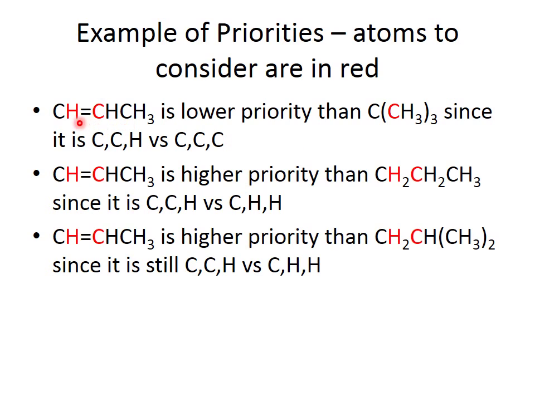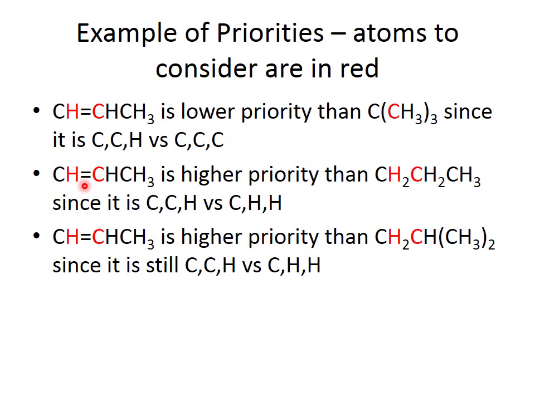If I look at these, I will see the atoms to consider for priority. Let's look. Carbon, carbon, hydrogen. This is carbon, carbon, carbon. This has greater priority than this one because this one's carbon, carbon, hydrogen, and then carbon, carbon, carbon, so higher priority.